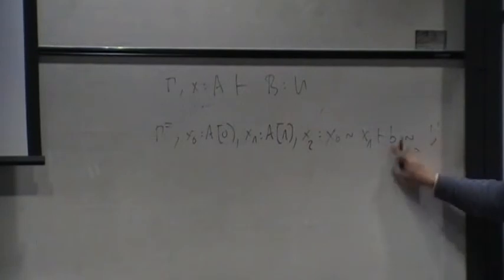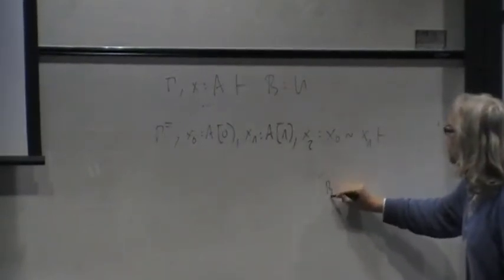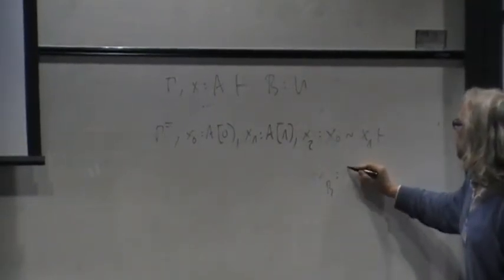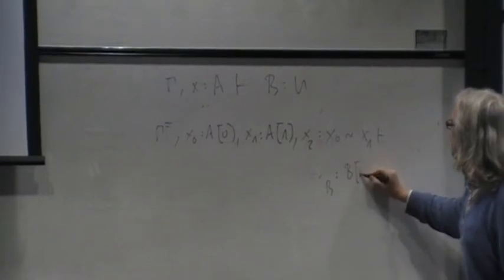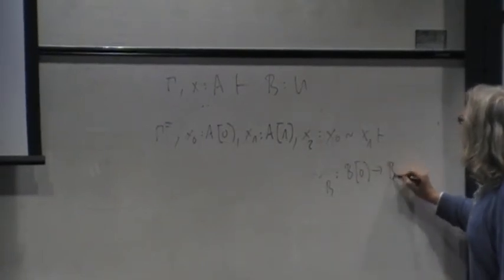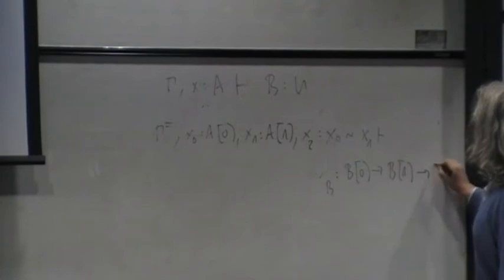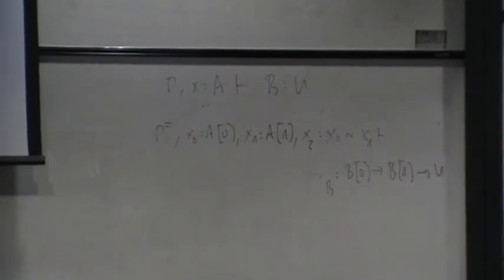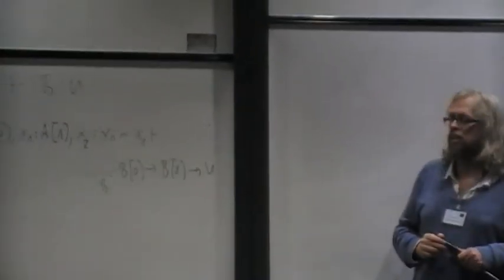Tilde B is now B0, B1 to the U, right? X2 in A.